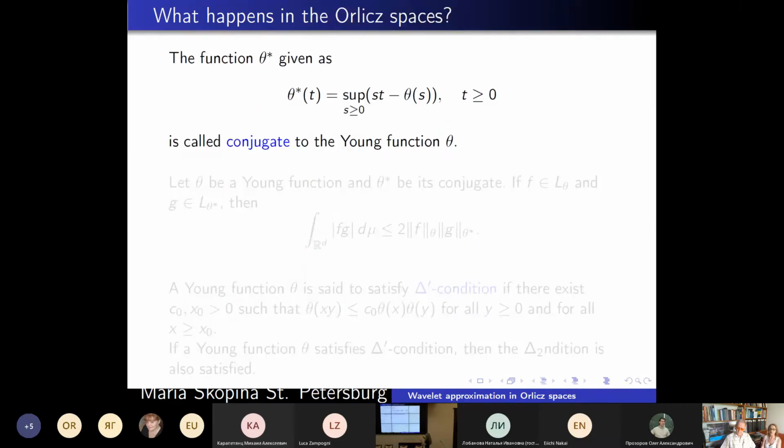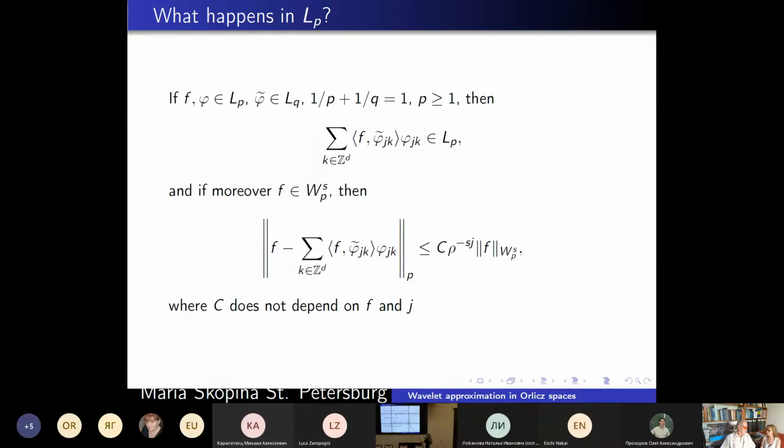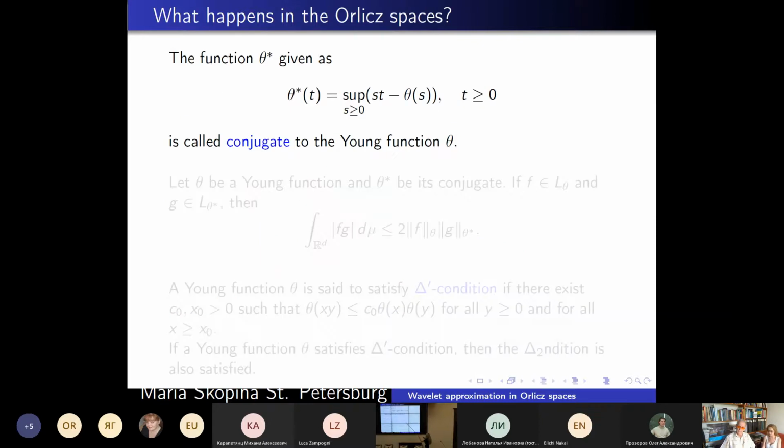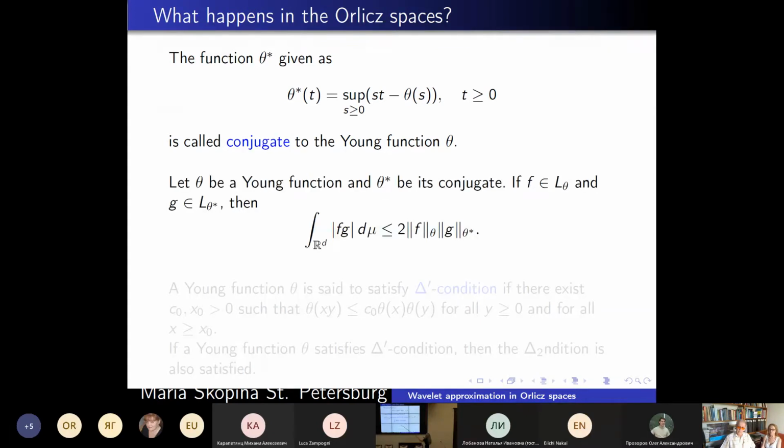And now we discuss Orlicz spaces. So LP is an Orlicz space. Can we obtain the same? What is LQ? Does an analog of LQ exist? Yes, there is a conjugate Young function theta star defined like this, and a further inequality holds, a complete analog of LQ. This is LP and this is LQ.